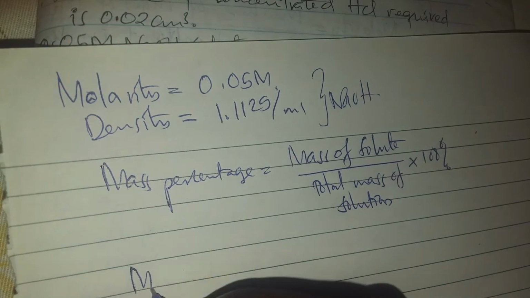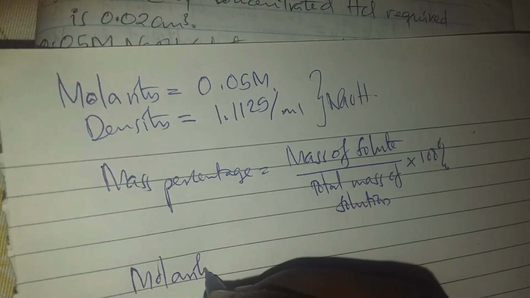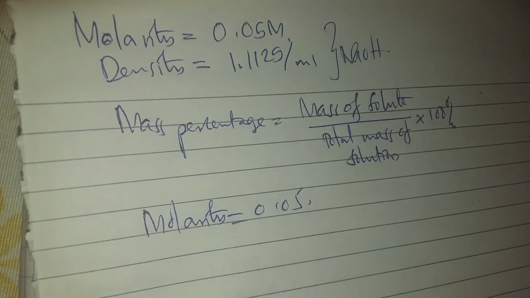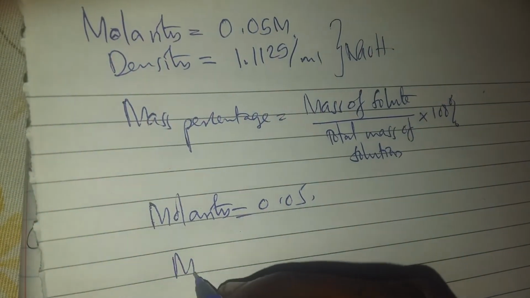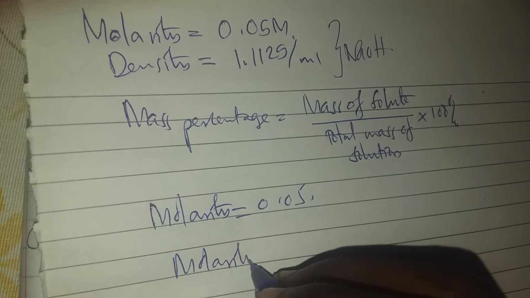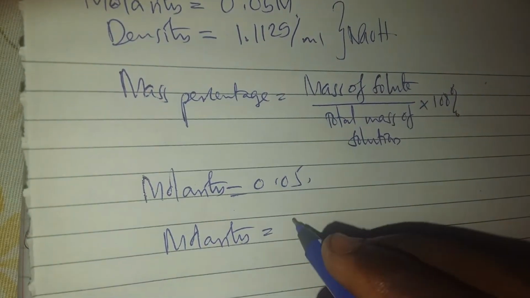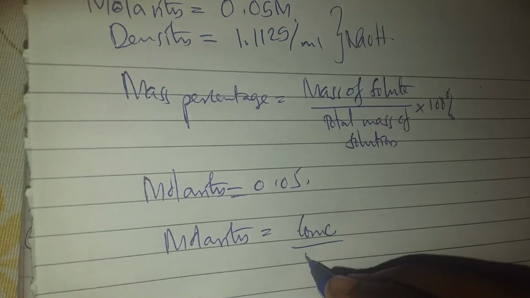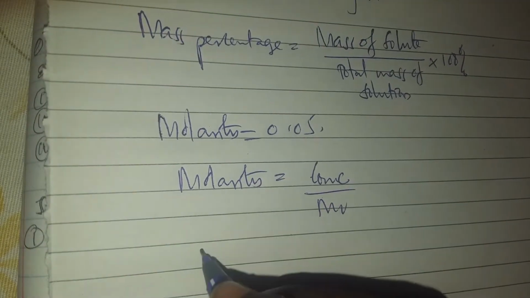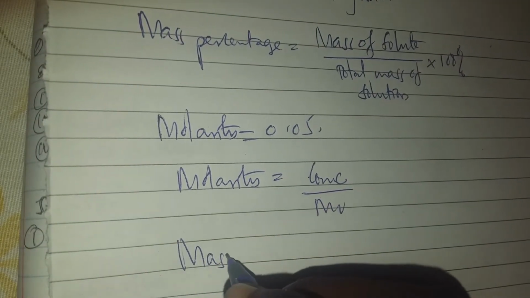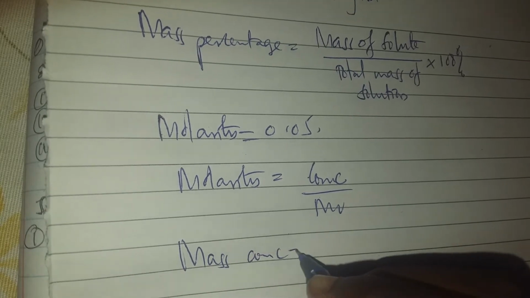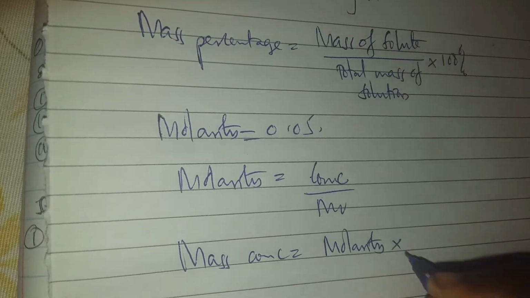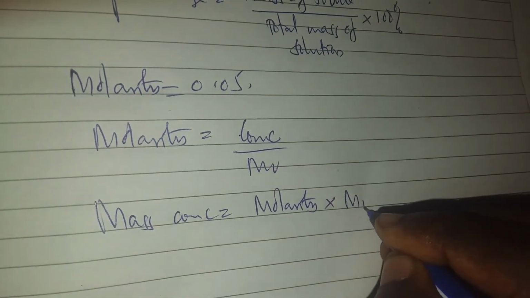So what we are saying is, how do we get the mass of solute? We are given molarity is equal to 0.05, and remember we say that molarity is equal to concentration divided by molar mass. So mass concentration will be molarity times molar mass.